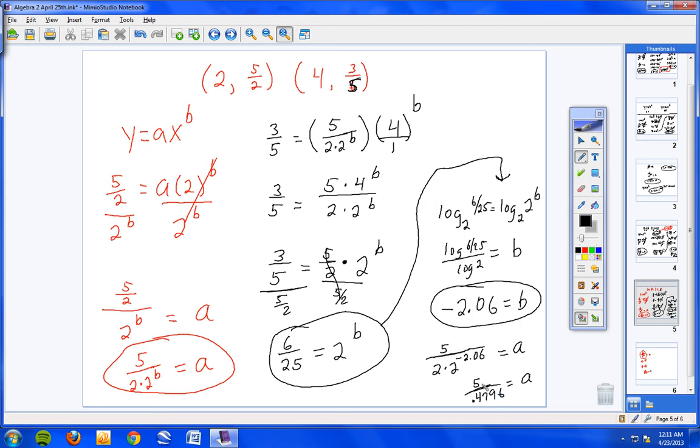And now just simply take 5 divided by that number. So type into your calculator 5 divided by 0.4796, and I'm getting 10.42. So 10.42 equals a.